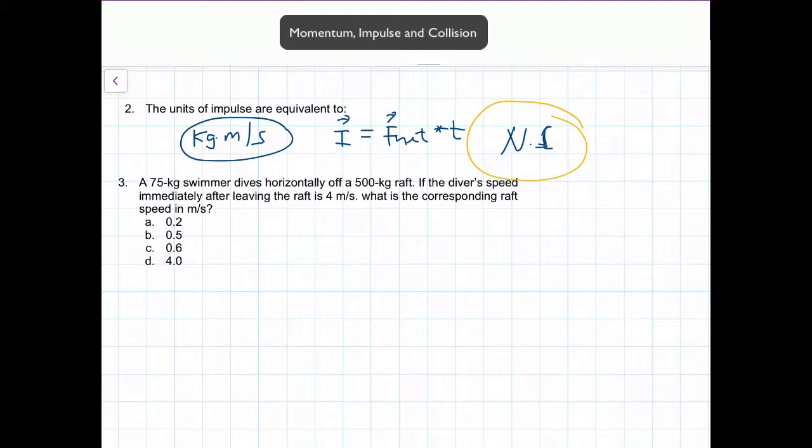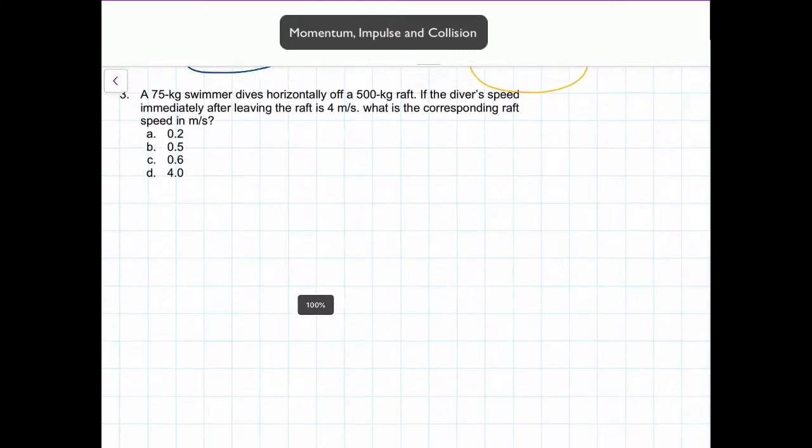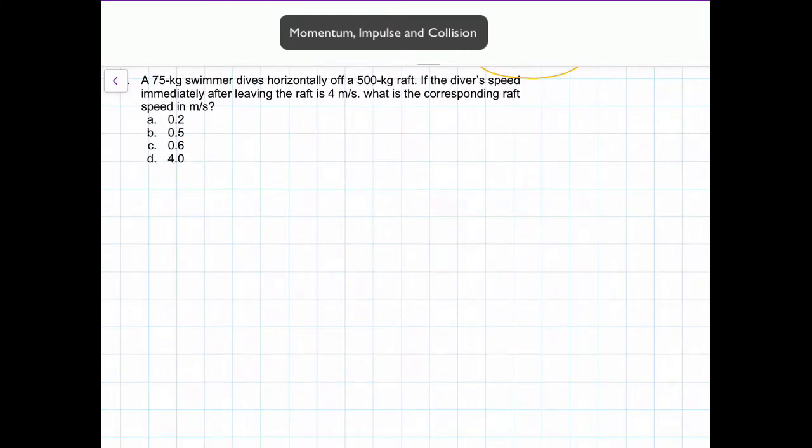Okay. Then next, Problem Number 3 states that... As usual, I like to list my given parameters, and if I need to, try to have a sketch for my problem. A 75 kilogram swimmer dives horizontally off a 500 kilogram raft.